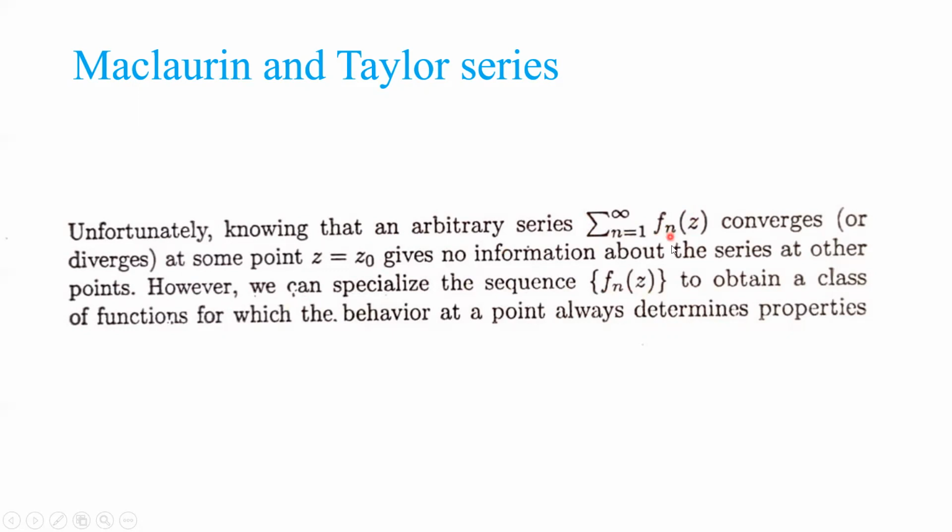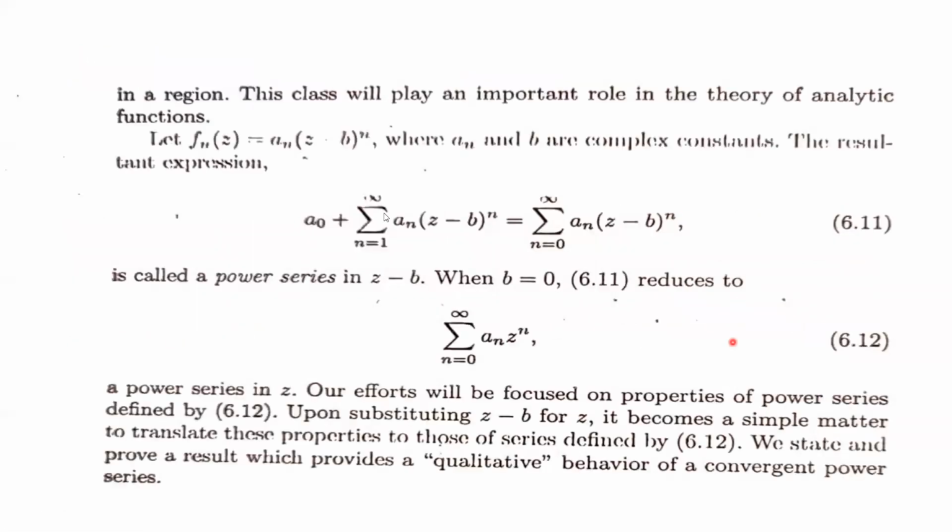So if we consider a particular form of this f_n(z) to obtain a class of functions for which the behavior at a point always determines properties in a region. Okay, this class will play an important role in the theory of analytic functions. So what it's saying is that we will be considering a special form of f_n(z).